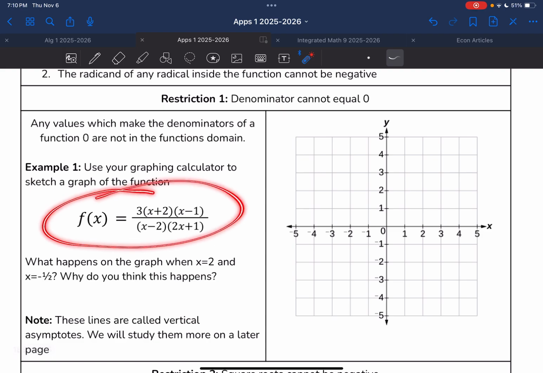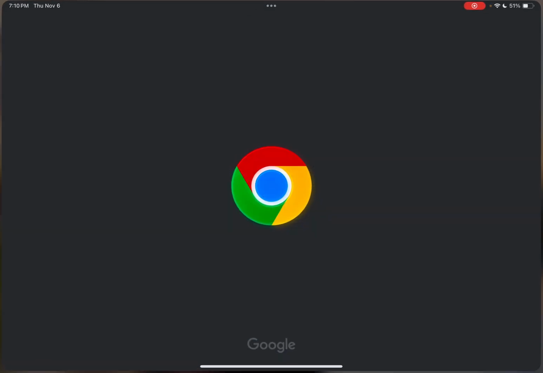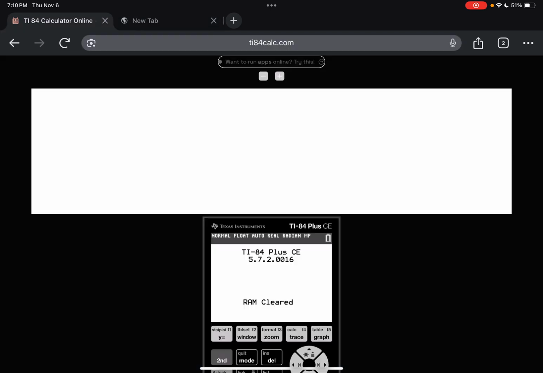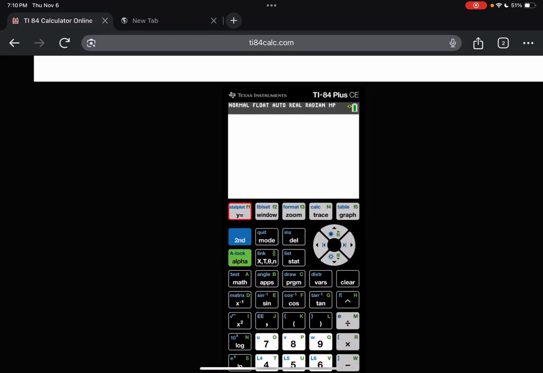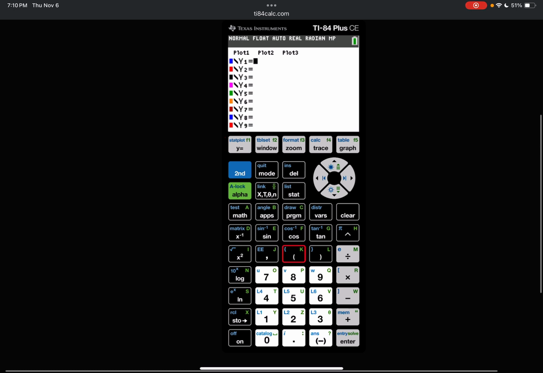We have this function and we want to graph it. So if we go to our graphing calculator and do y equals, I recommend you put an extra parenthesis around the numerator and the denominator here, just to make sure you don't get mixed up. It's important that the numerator stays together and the denominator stays together as well.